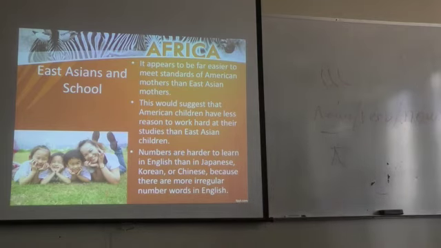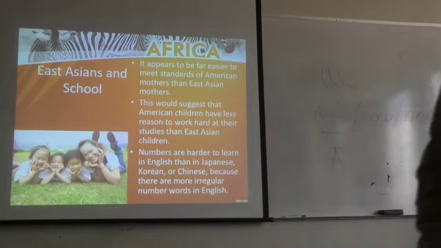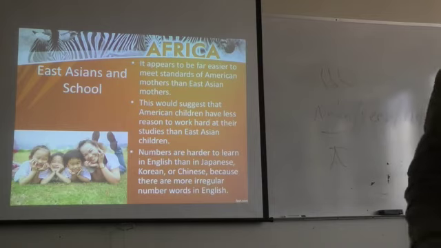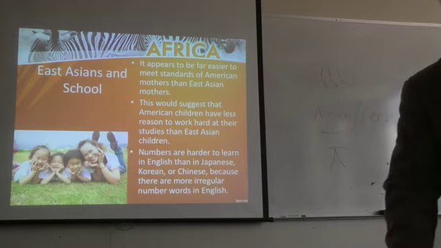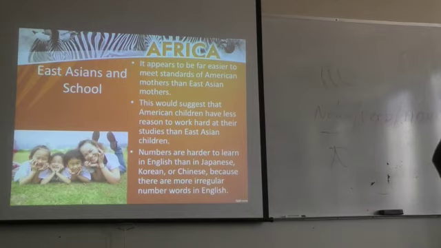This would suggest that American children have less reason to work hard at their studies than East Asian children do. Numbers are harder to learn in English than in Japanese, Korean, or Chinese because there are more irregular number words in English, so it's harder for people to learn mathematics in English. And that's one of the things my son was saying. He was telling me that it's hard for these kids. Spanish is a very standardized language.